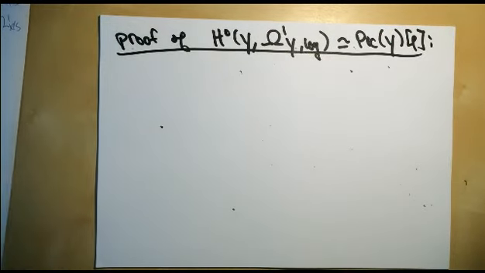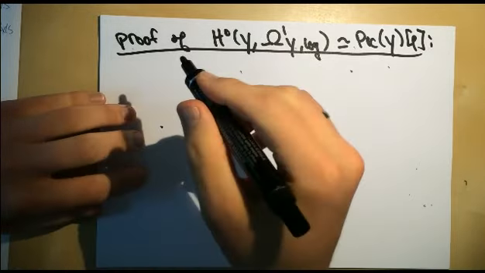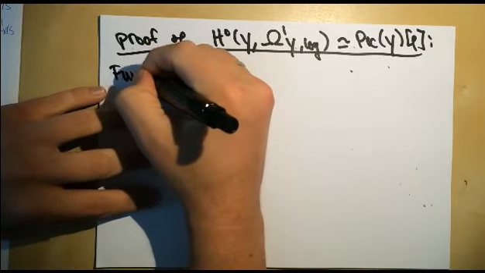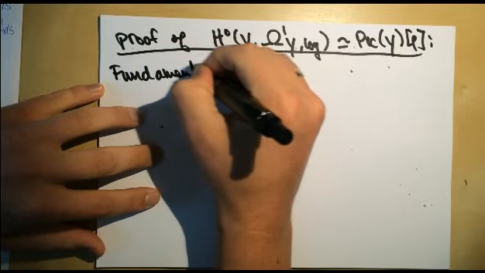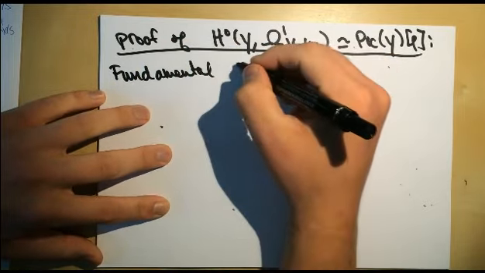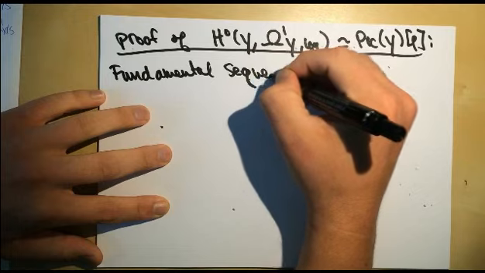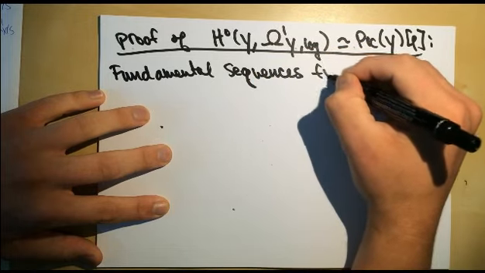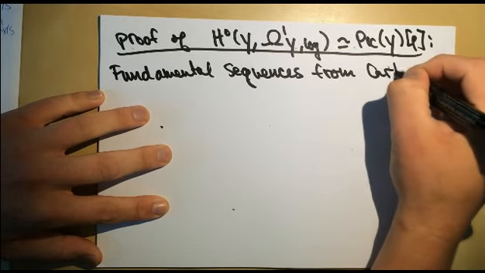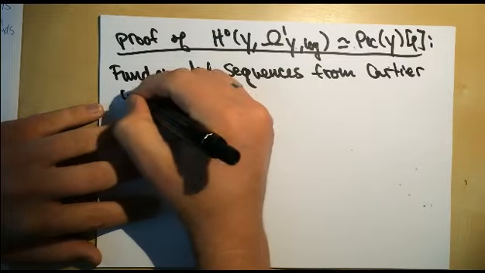Okay, so there are some fundamental relations for the Cartier operator. So these are some fundamental sequences from the Cartier sequences. So this is kind of a lemma within a lemma.